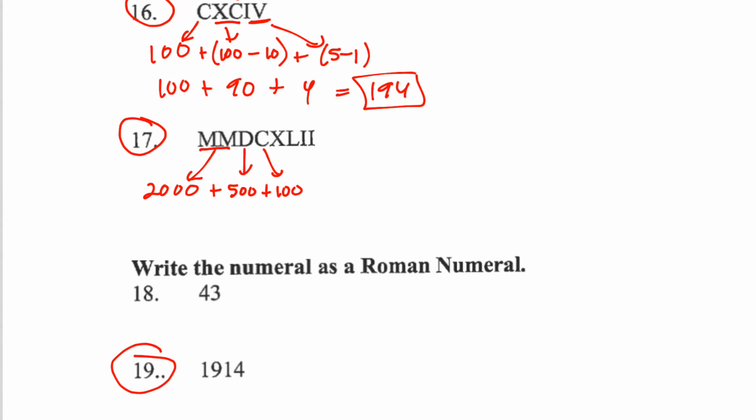And then we have X, which is smaller than the L, so there's a subtraction right there. L is 50, so we subtract 10 from that, and then you have 2 right there. So this is really 40. So 2,000, 600 right there, and 42.